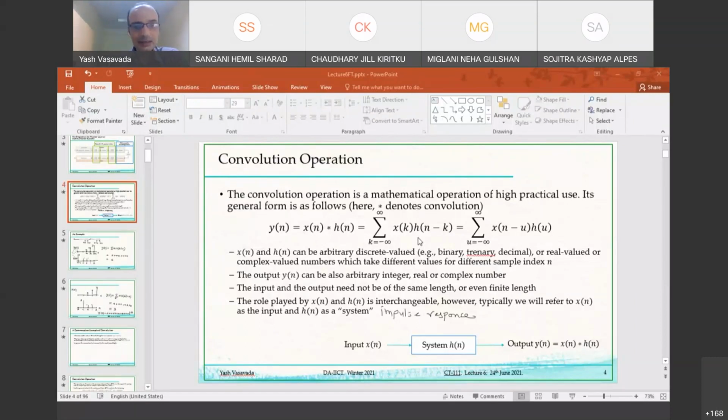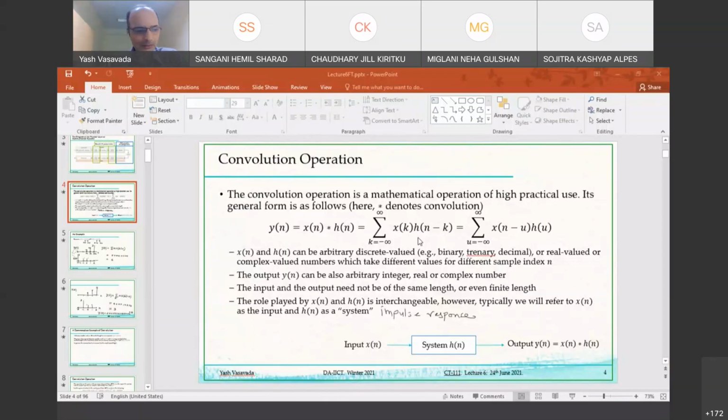However, multiplication doesn't care. 5 times 2 is the same as 2 times 5. In the same way, this allows the interchange of the variables, which comes first, which comes second. So this is also known as the commutative property of the convolution, and it is that way similar to multiplication.